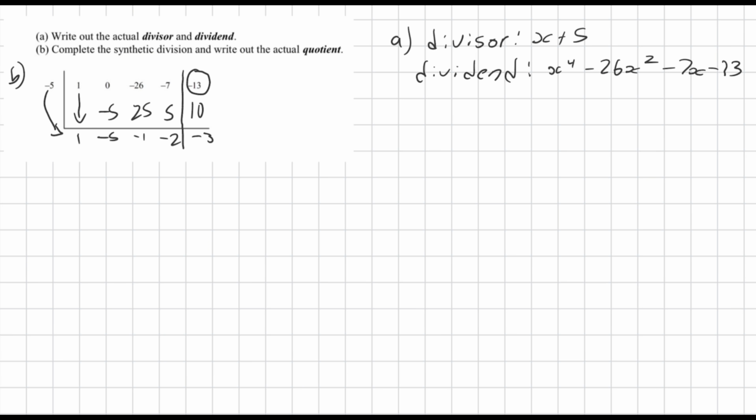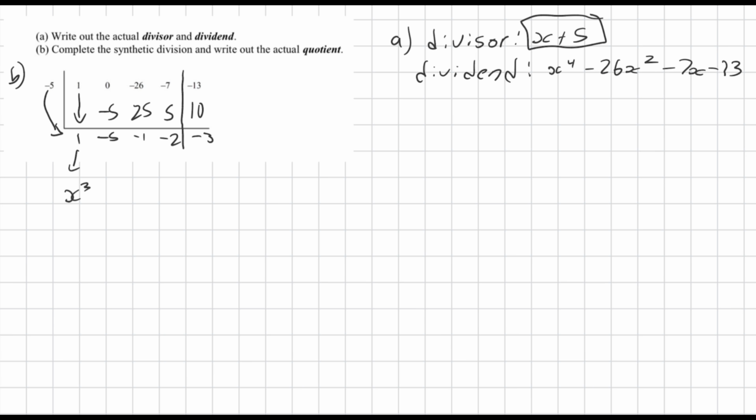So the rest of these, this one, instead of being x to the 4, it's now going to be x to the 3 because we had 5 terms at the beginning, and we have 5 terms now, but one of the x's is taken out because we have to remember that our divisor is x plus 5. So we're going to be taking out one of the x's when we divide by x.